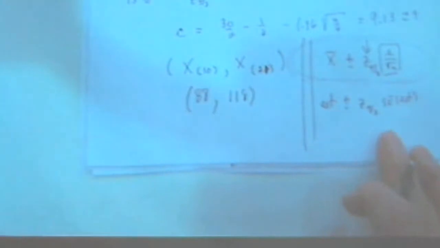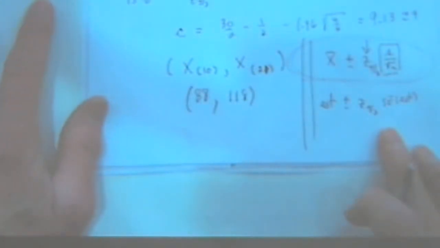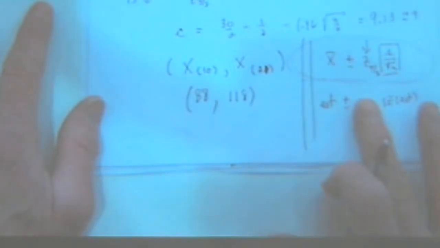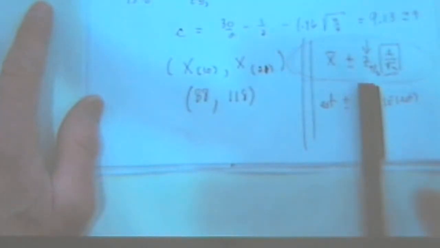Almost all the confidence intervals you did in your basic elementary stat class were this form. They're nice symmetric intervals. In fact, many scientists use what? What percent is that?